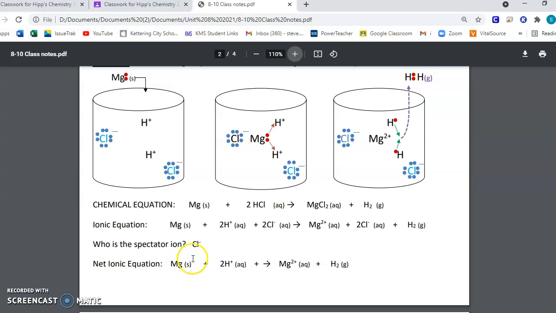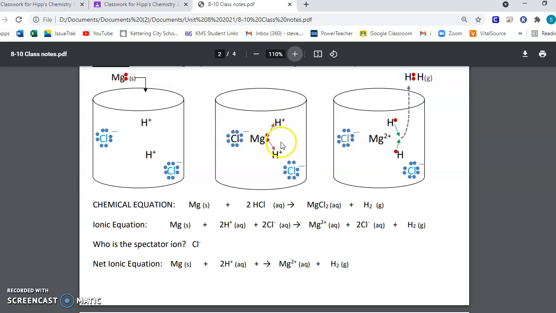The net ionic equation wants us to just show which ones changed. So we take the one that didn't change, the chloride ion, we could cross it out or get rid of it, and now we have the net ionic. The net ionic is we started with magnesium metal, and when we were done, we had the magnesium ion floating around. There it is, magnesium metal, magnesium ion, Mg2 plus.